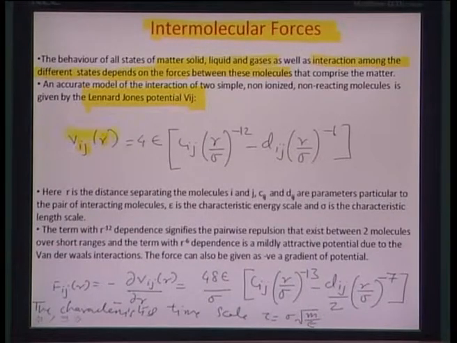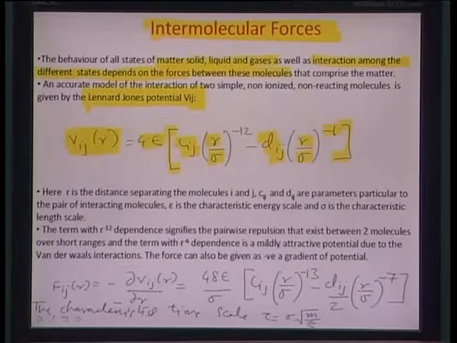So the potential between these two I and J systems is essentially equal to 4 epsilon [Cij (r/sigma)^-12 minus Dij (r/sigma)^-6]. Let me explain what these different terms are.